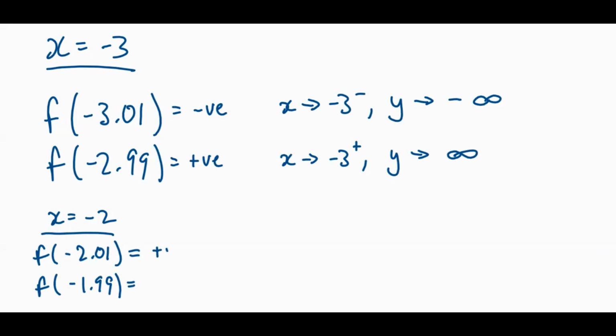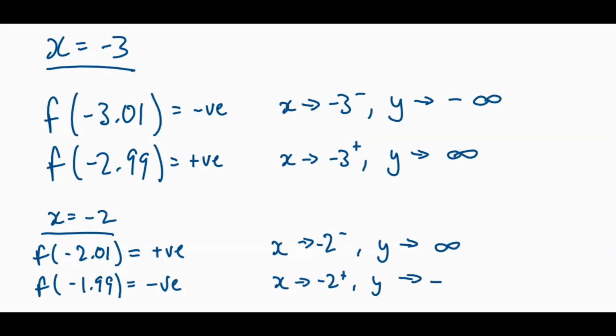So this one turns out to be positive and then negative. Negative 2 from the left. As x approaches negative 2 from the right, y goes to negative infinity.